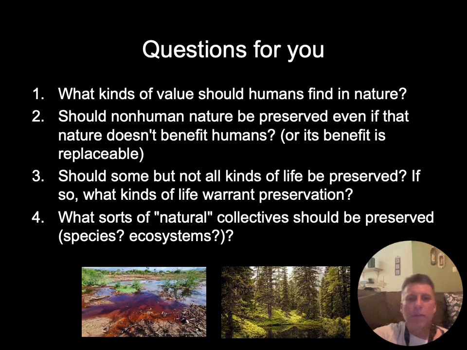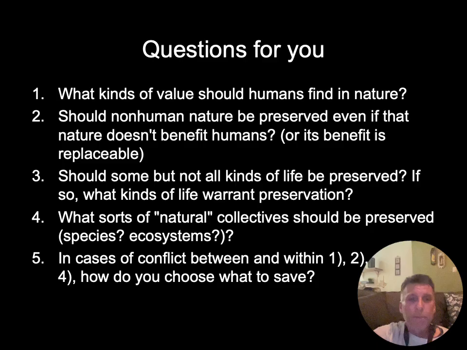And then in terms of levels of thinking here, what sorts of natural collectives should be preserved? Do we need to focus on the species like the Endangered Species Act does, for example? Or should it be the ecosystem like the national park system does? These are different ways of thinking about this, different points of emphases, and one of the points we've made is that these different approaches can come into conflict, and they will come into conflict.